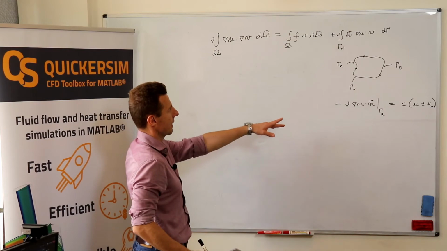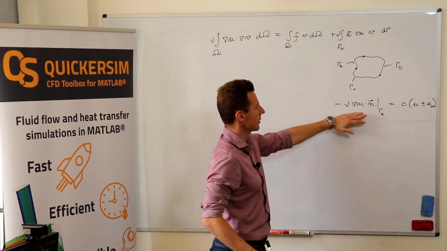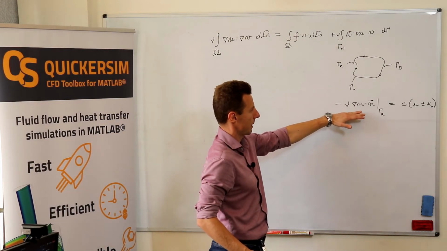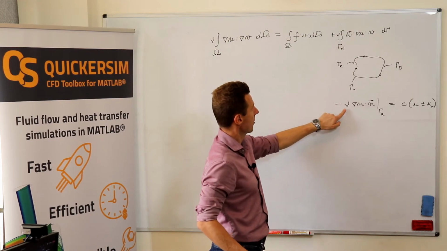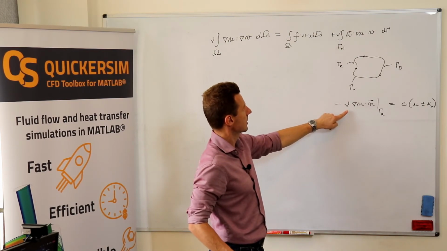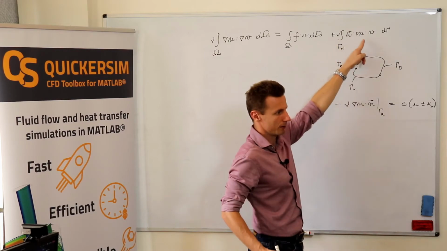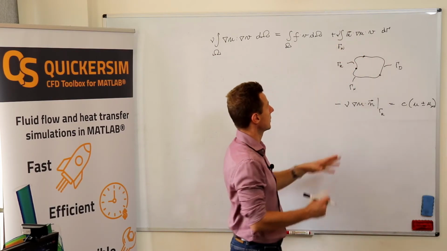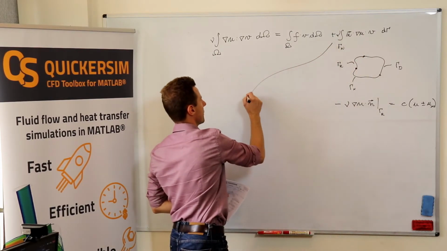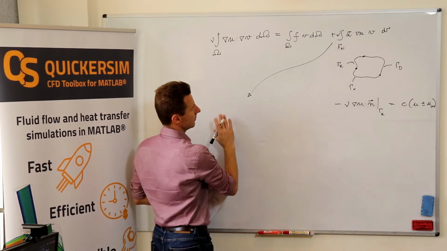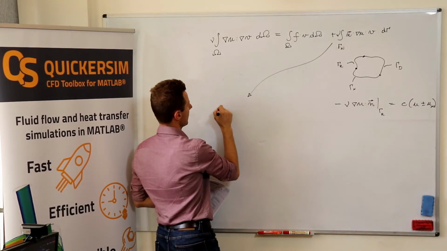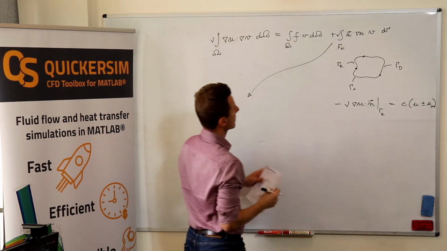Okay, what happens then? Let's see, the natural way to implement such a boundary condition is this term is present exactly here. So what you basically do is you take this integral and we need to write, okay, this would be minus.